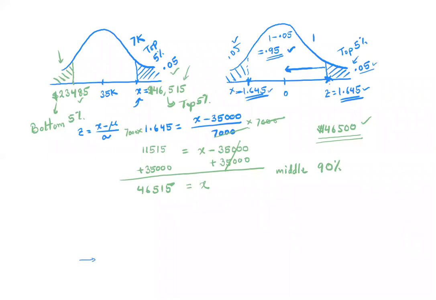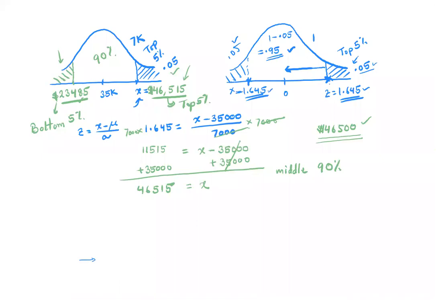To be among the middle 90%, you have to make between 23,485 and 46,515.